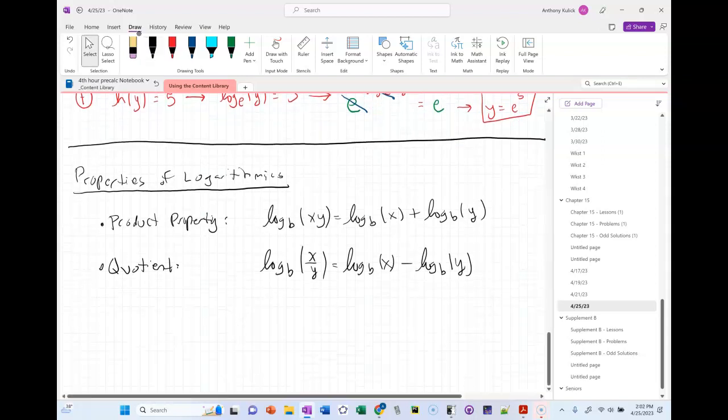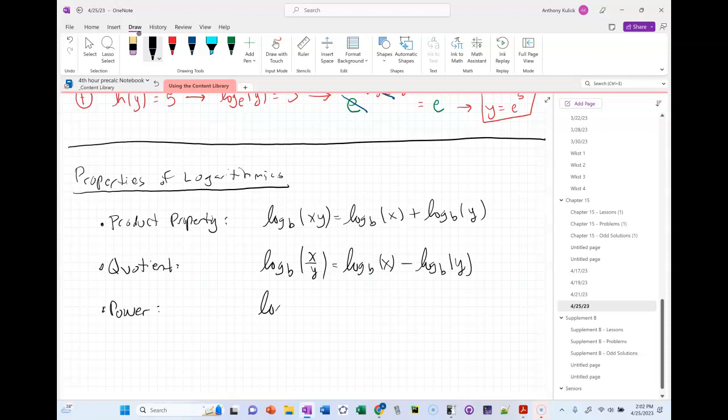That order matters. And then there's the power property that says log base b of x to the c is going to equal c times log base b of x. So a power inside the logarithm turns into a coefficient outside the logarithm.